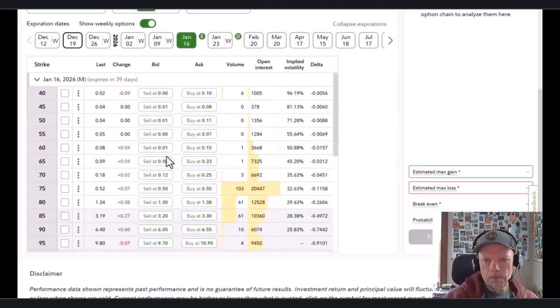You could go a couple days, same day, 2-3 months out. You just got to find what works for you. I get bored if I go too far out, and I get too much anxiety if I go too close. So 2 to 4 weeks seems to work for me. So I'm going to look at this one here, sell at 130.